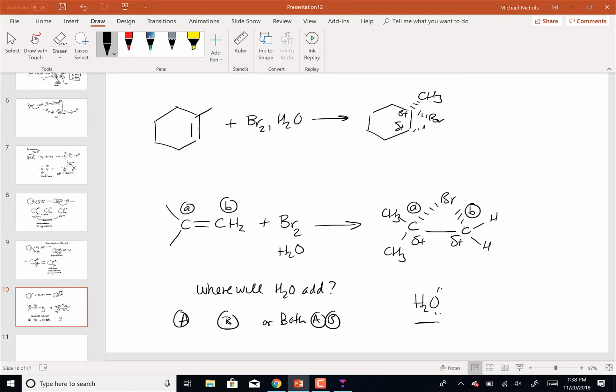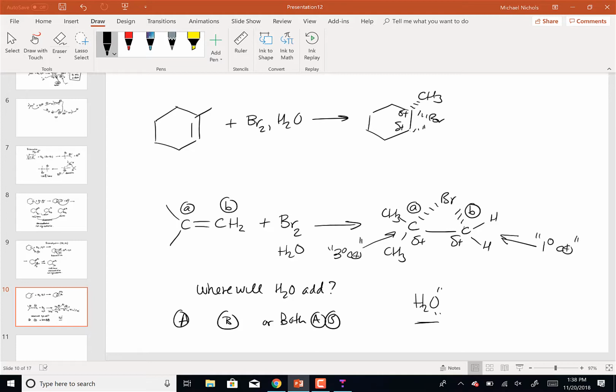The two methyl groups on carbon A are going to be able to stabilize more positive charge than the two hydrogens that can't on carbon B. And if you take a look at this, and I put this in quotes, carbon A looks like a tertiary carbocation. It's not, but it looks like one.